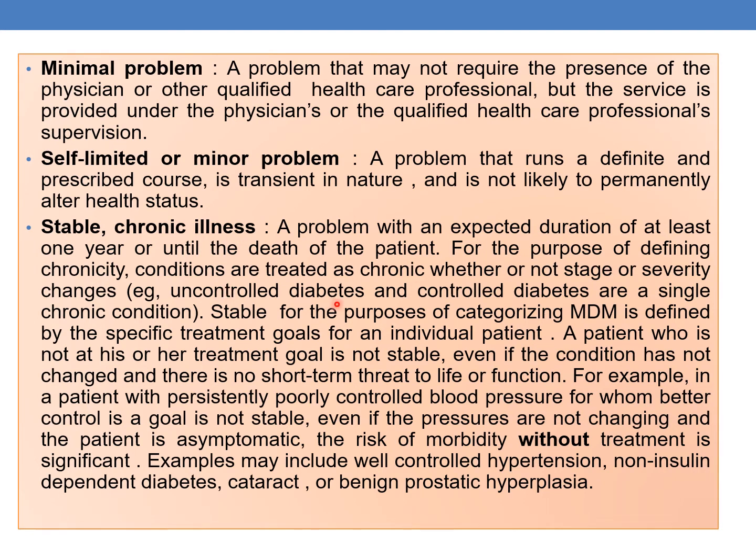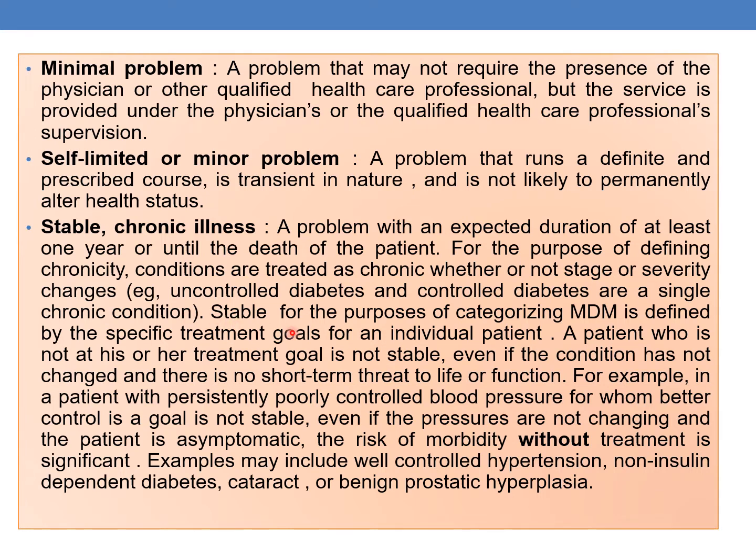For example, uncontrolled diabetes and controlled diabetes are a single chronic condition. Irrespective of the stage and severity of the condition, any condition that is expected with a duration of at least 1 year or until death is considered as a chronic illness.